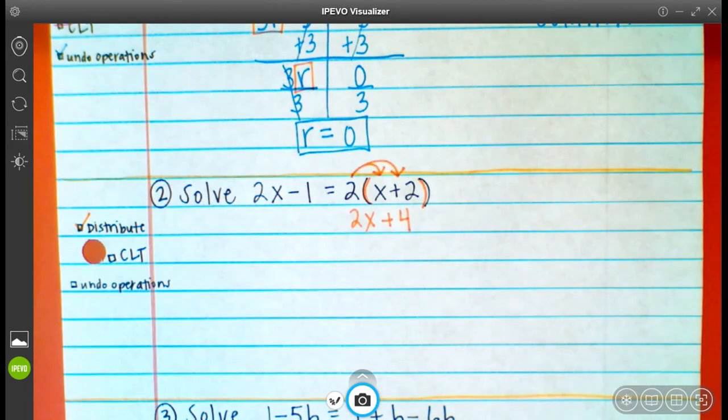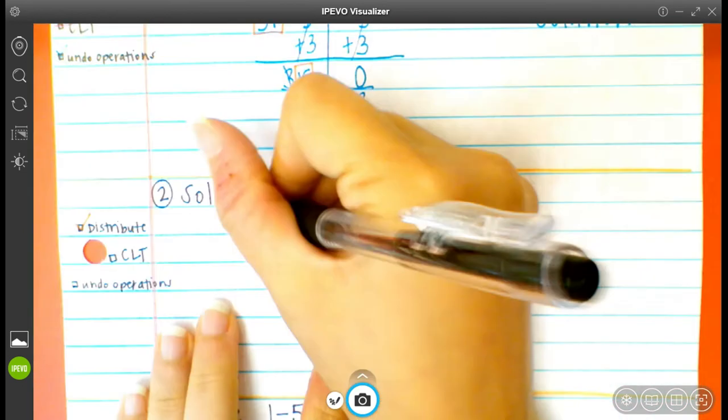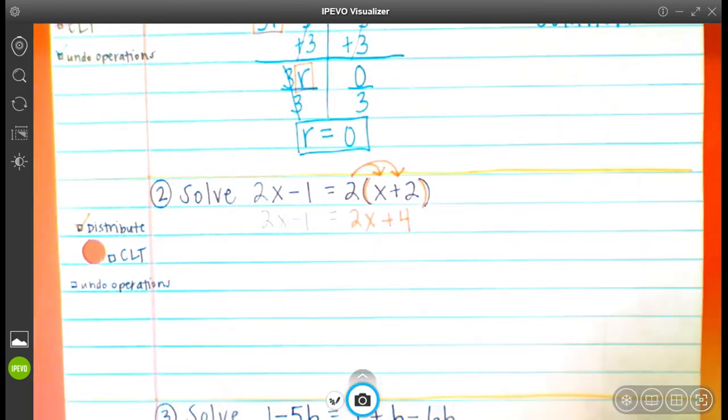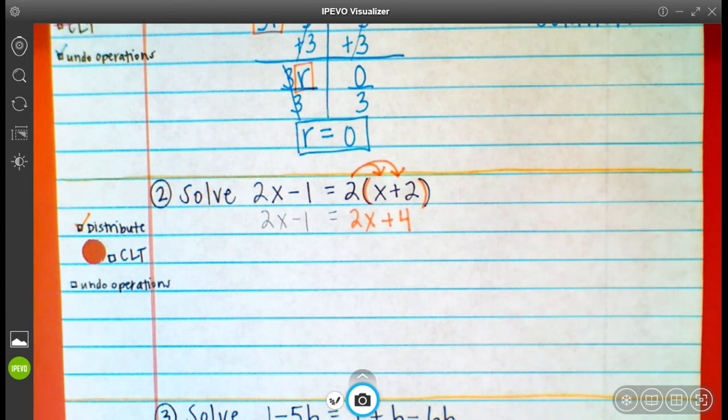Now we're going to bring everybody else down. So 2x minus 1 equals. Okay, so we distributed.